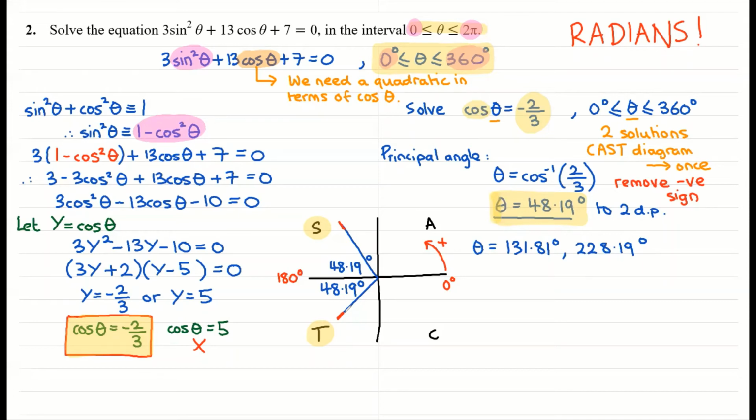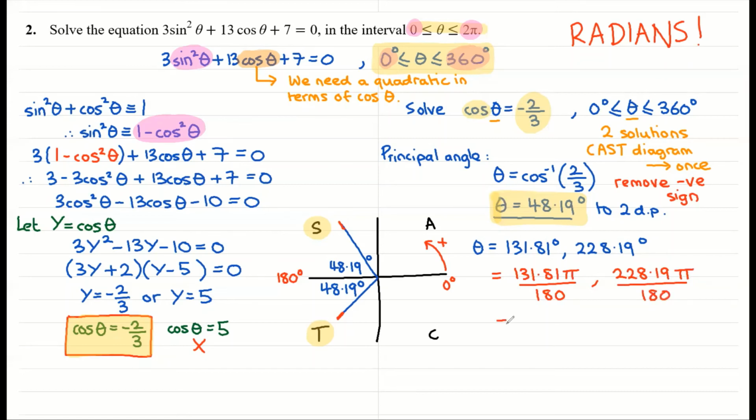Those are in degrees. Now remember, look at what you've written right at the beginning of the question. Don't forget this. Convert back into radians. So this is going to equal, and remember, you can just multiply both of these by pi over 180. All right, that's the first one, and 228.19 pi over 180.